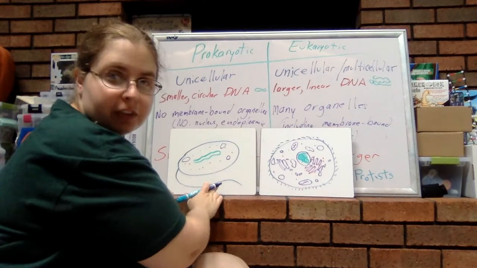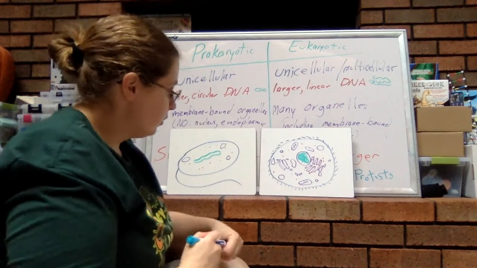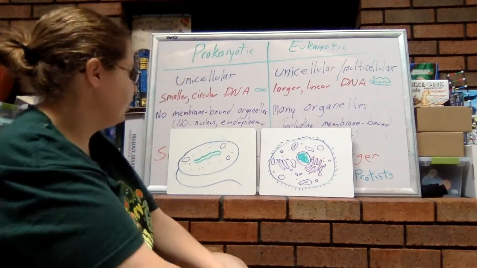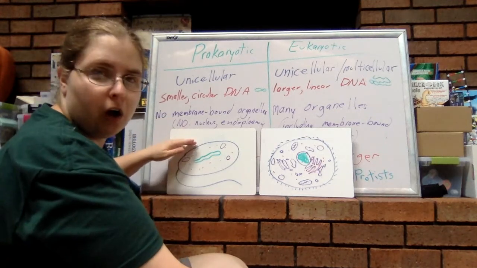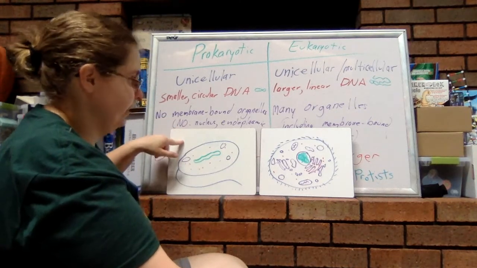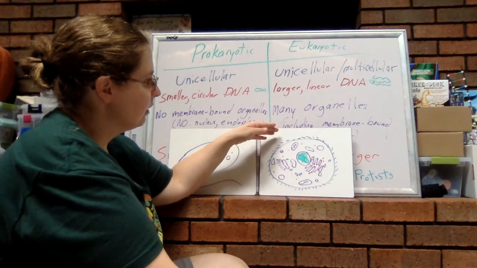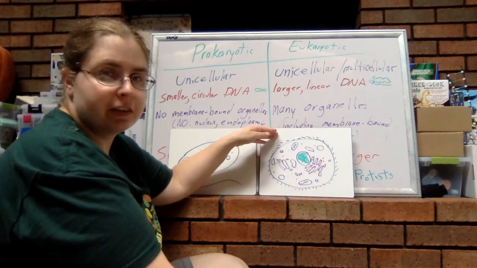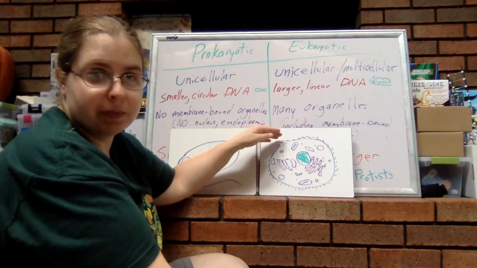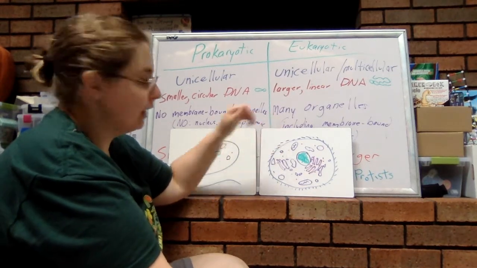But this guy could also have cilia too. So, long story short, simple, always single-celled bacteria. More complex, single-celled or multicellular, anything other than bacteria, animals, plants, protists, fungi, etc.